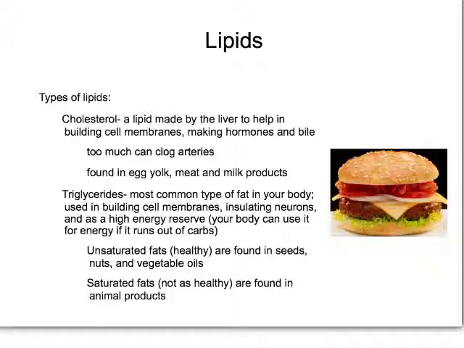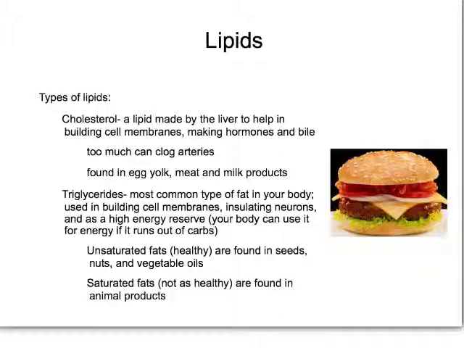It also helps make hormones and the digestive substance bile. However, too much cholesterol can clog your arteries. If your body has too much cholesterol in it, it'll just stick to the walls of your arteries and start to clog them. Cholesterol can be found in egg yolk, meats, and milk products.